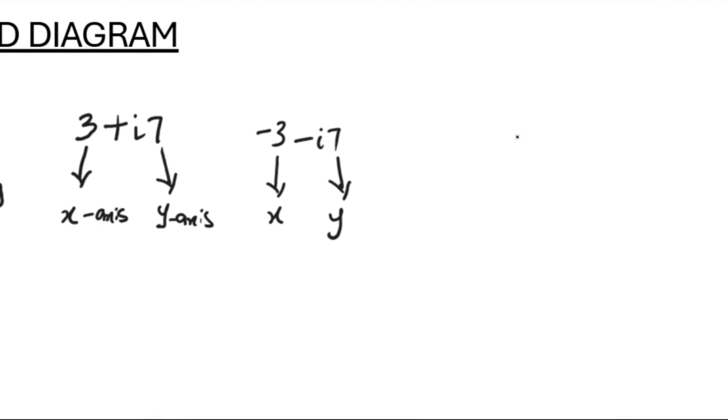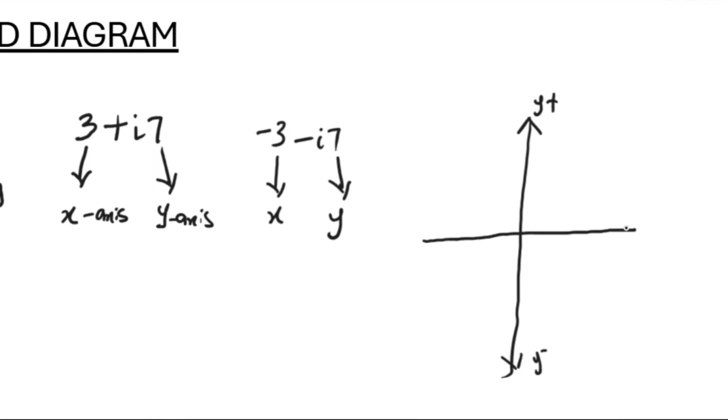Now, let's consider the Cartesian coordinates. Let me just give a short sketch. This will be our y positive. These are our y negative. These are our x positive. And these are our x negative.